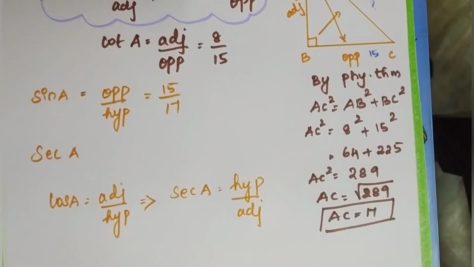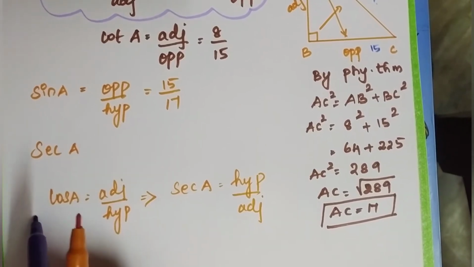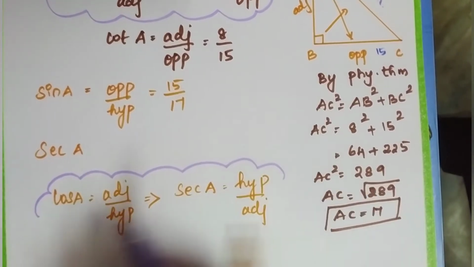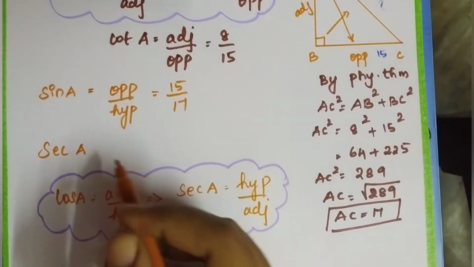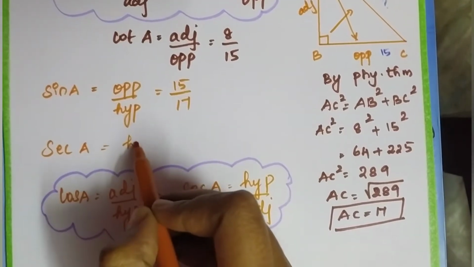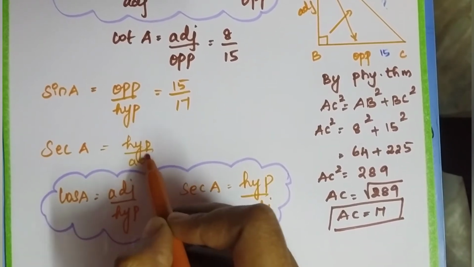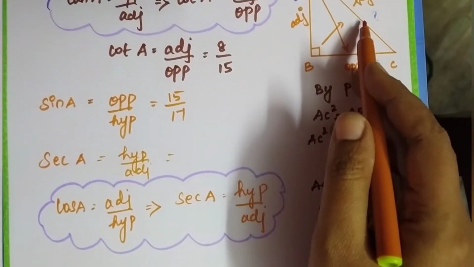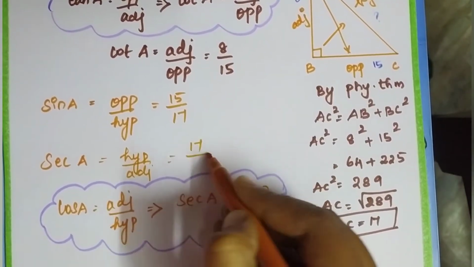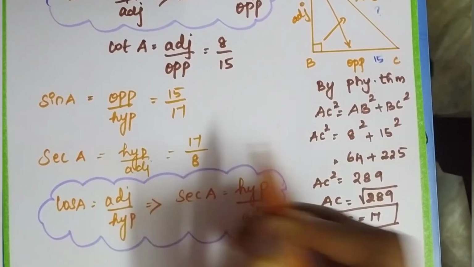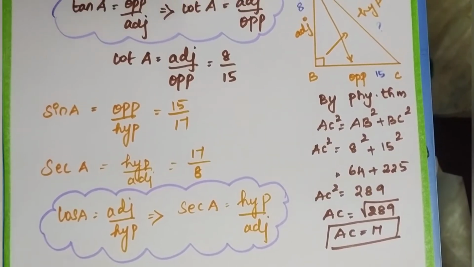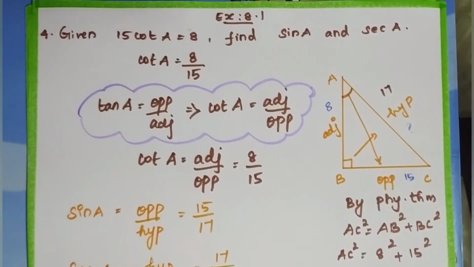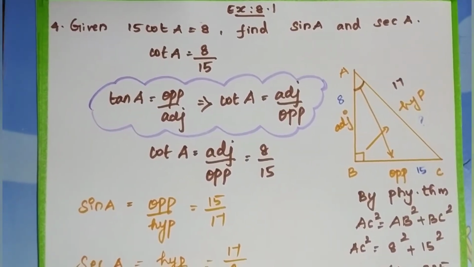Hypotenuse value is 17, so 17 divided by 8. Like this we have to write the trigonometric ratios.